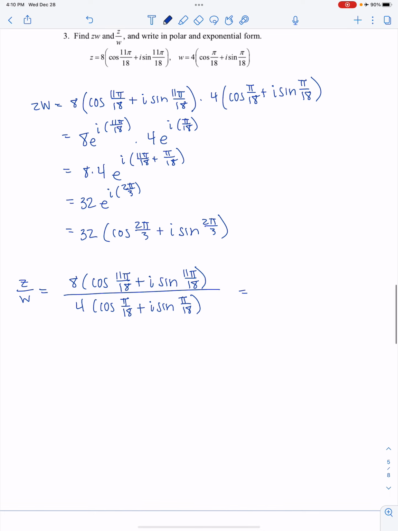In exponential form, we have 8e to the i 11 pi over 18 over 4e to the i pi over 18.